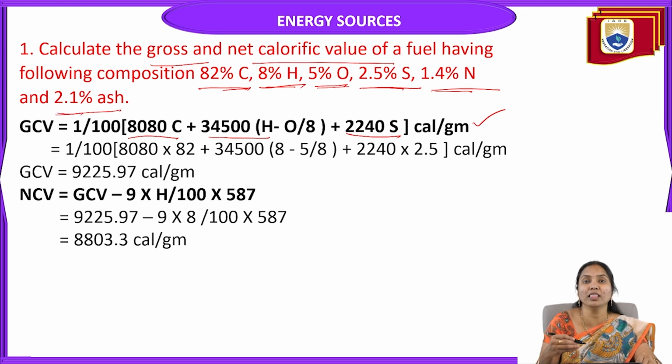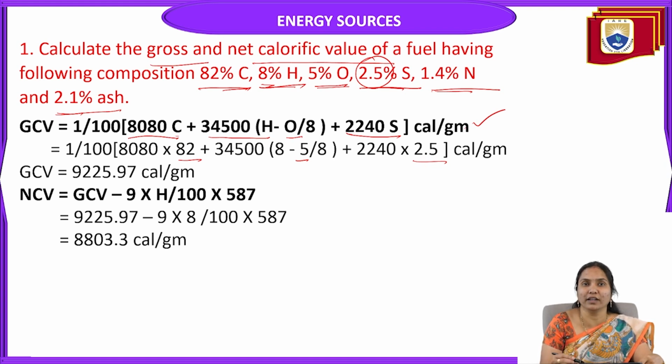So substitute all the elements' percentages in the above formula. We get 1 by 100 into 8080 into carbon percentage 82, plus 34,500 into H, hydrogen percentage 8, minus oxygen percentage 5 by 8, plus 2,240 into sulfur percentage 2.5.